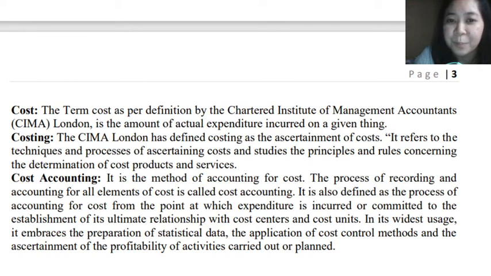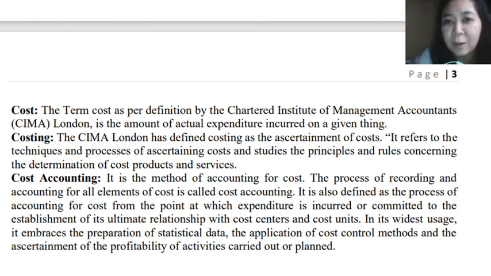And also, costing involves studying the principles and rules concerning the determination of cost of the products and the services. So here, costing is the process or the techniques or the tools that can be used in determining the cost.